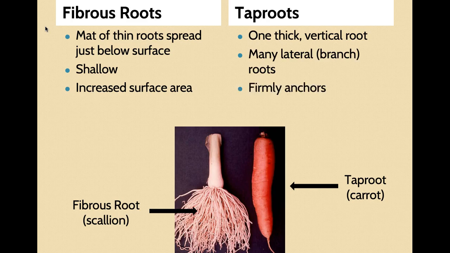It firmly anchors the plant into the ground and stores tons of food for the plant, typically carbohydrates. With the taproot system, usually the plant is tall, and it provides anchoring into the ground so it doesn't fall over. You can see the two diagrams on the bottom, a fibrous root versus a taproot.